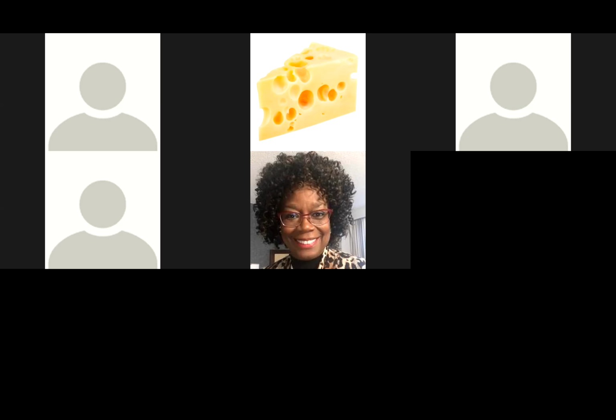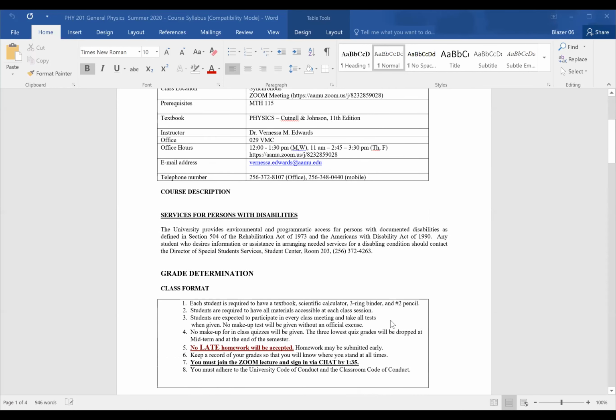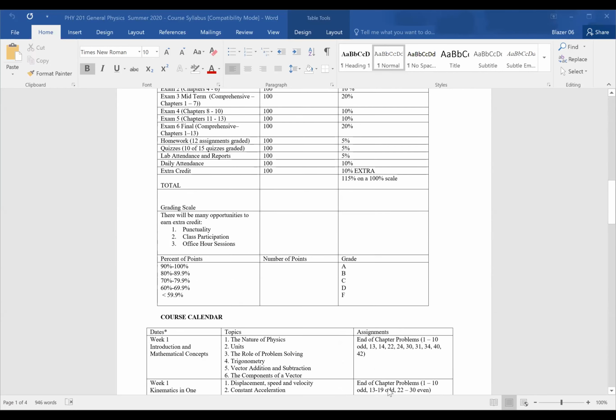Okay, class. So let's look at this page now. Let's share this page. Hold on. Okay, share screen. Here. Okay. So if you look here, I'm moving through.